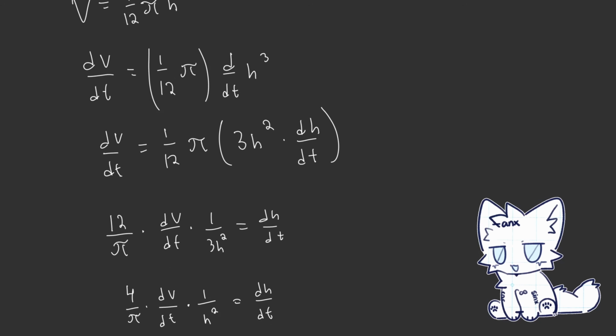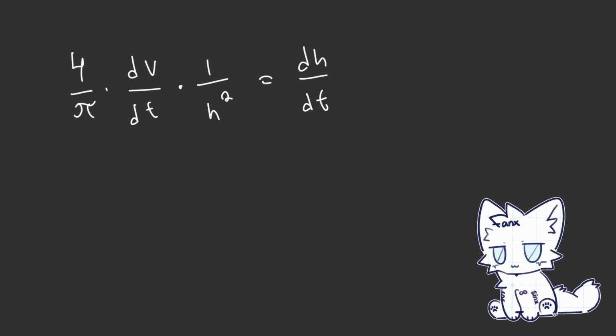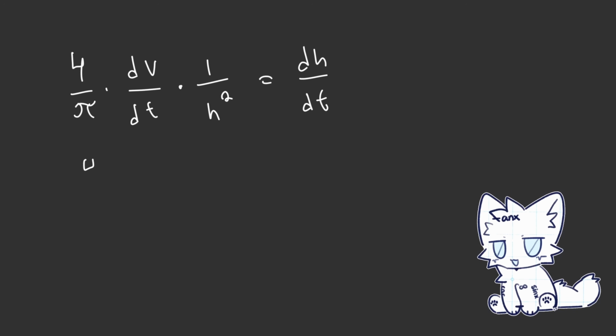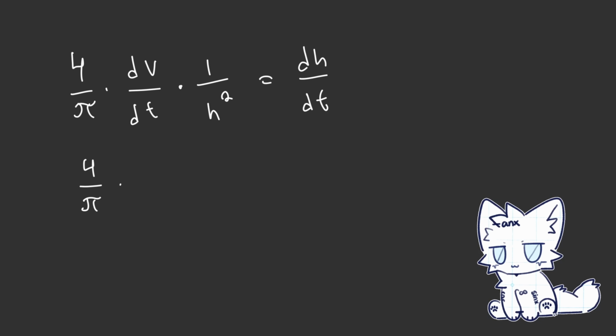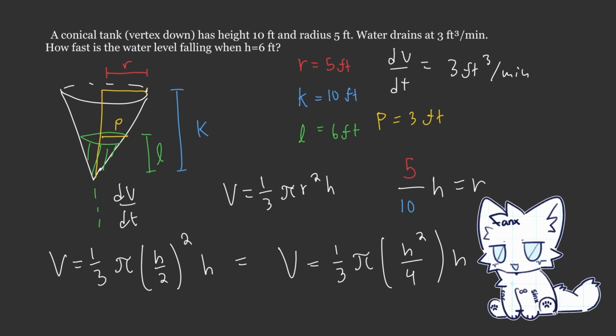So at that specific height, it is a height of L, and L is 6 feet. So we can plug that in. 4 over pi times 1 over 6 squared times the change in volume with respect to time, which would be 3 feet cubed per minute.